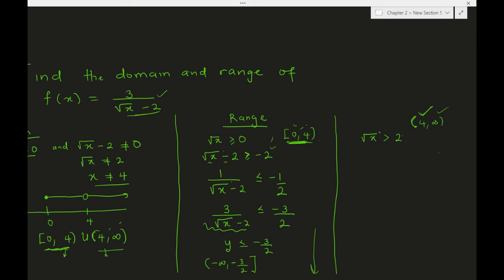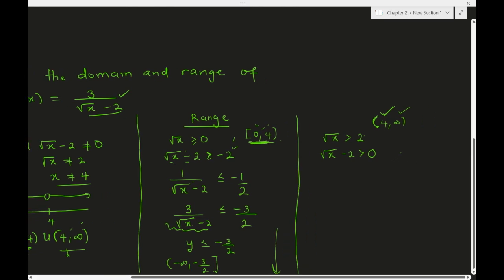Now with this information, you can try to create y. So let's subtract 2 from both sides. So you have root of x minus 2. This will be greater than 0. Now that you have this greater than 0, then we can flip easily. Why can we flip?